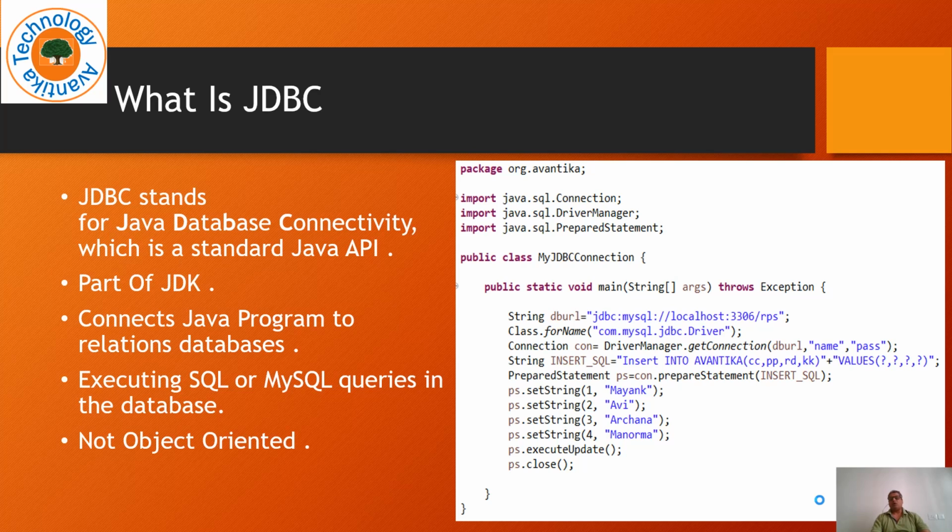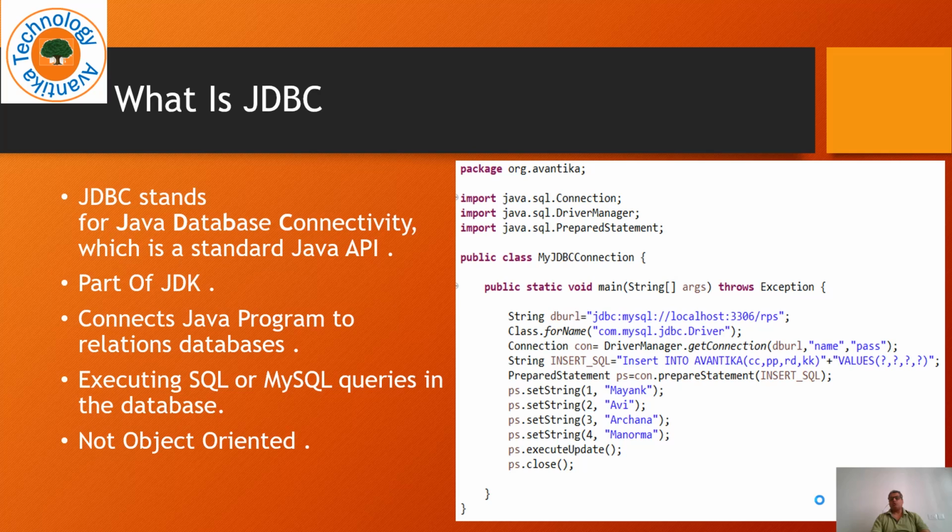When we write the JDBC code for the connection, we have the database URL, we have the driver declaration, and we have the connection where we have the database name, username and password, and then we insert the query, and with the prepared statement we just insert the SQL.